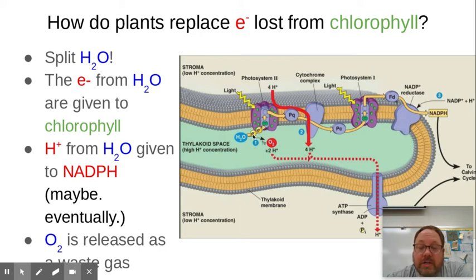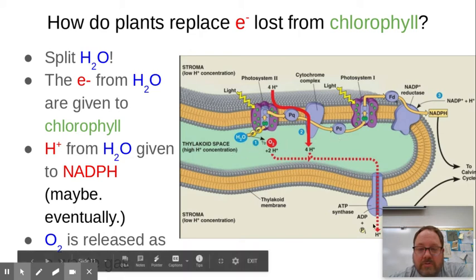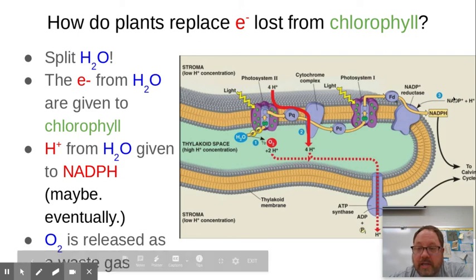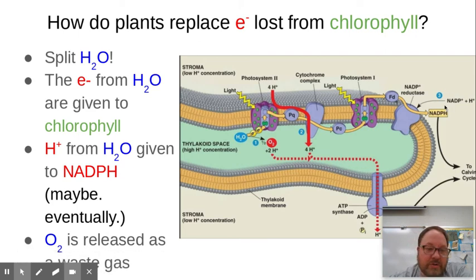The electrons are removed from water and passed on to chlorophyll. The protons then will be released into this area called the thylakoid space, and ultimately, these protons will be released from the thylakoid and can join things like NADPH potentially. And then the oxygen is released as a waste gas.